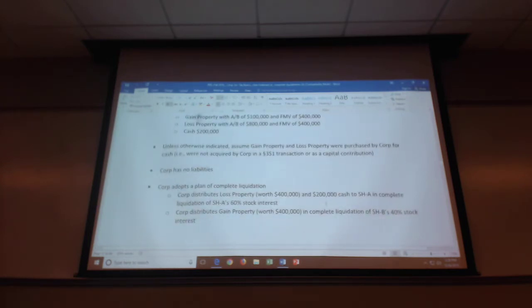The 60% shareholder, A, receives the loss property worth $400,000 and the $200,000 of cash, and shareholder B gets the gain property. And that makes sense, right, economically, because each shareholder is getting the proper amount of assets. It's just that it's not pro rata.